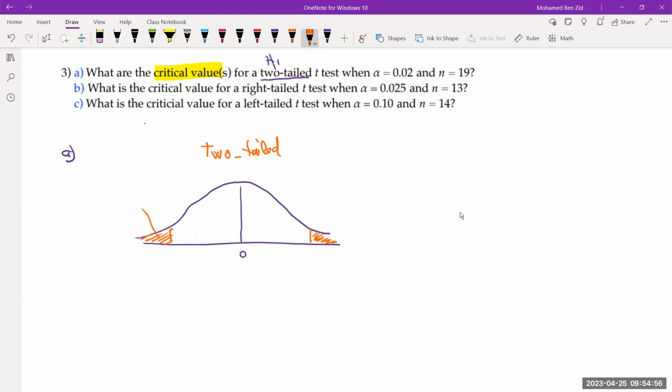So this is alpha over 2 and this is alpha over 2. In this case, alpha is 0.02 divided by 2, that's going to be 0.01. Now, do you have to tell whether it is a T table versus Z table? Not really, because they are asking you here specifically for the T test.